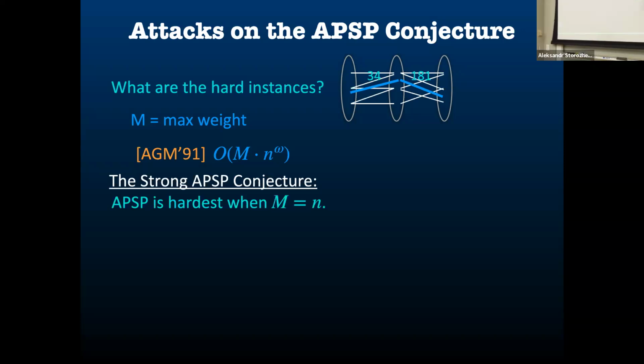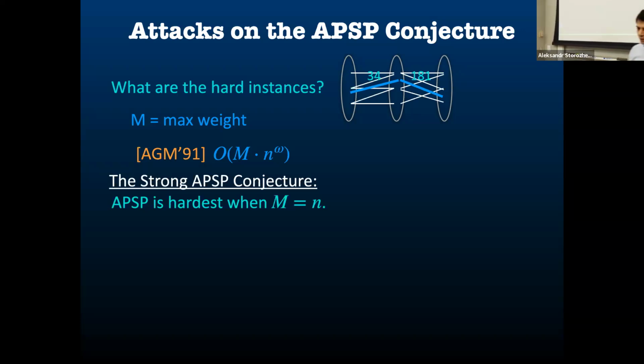But there's this strong APSP conjecture that people have looked at and used as a basis for lower bounds, which says that n is actually just as hard. So below n it's easy, and this conjecture is saying that if it was more than n, you can bring it down to n. In other words, there are hard instances where the weights are from 1 to n.